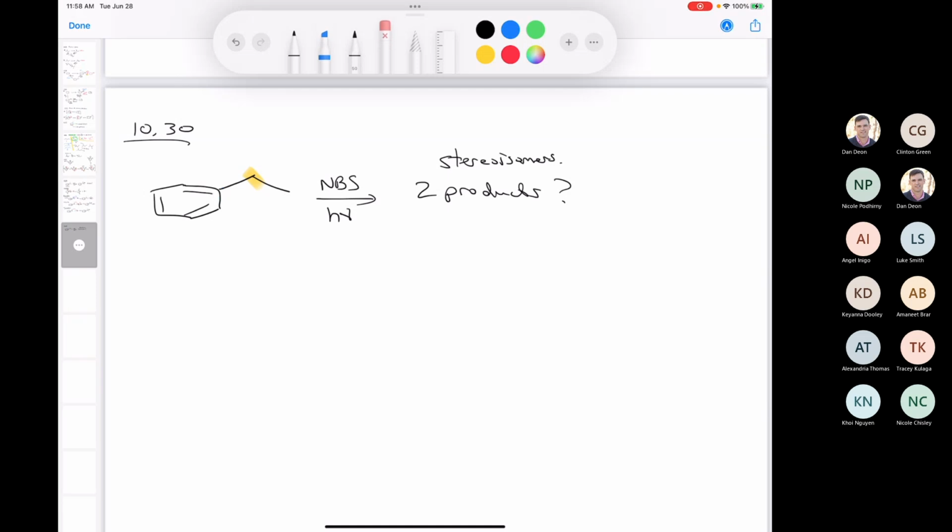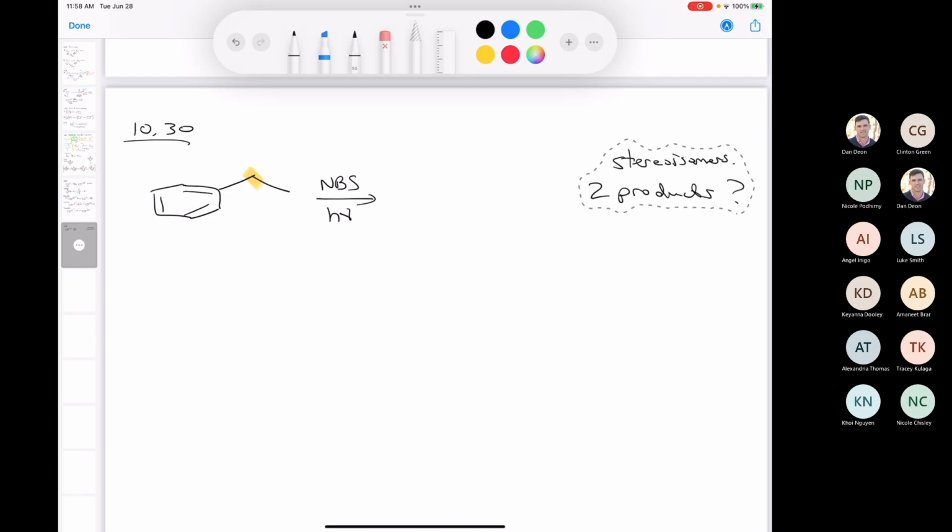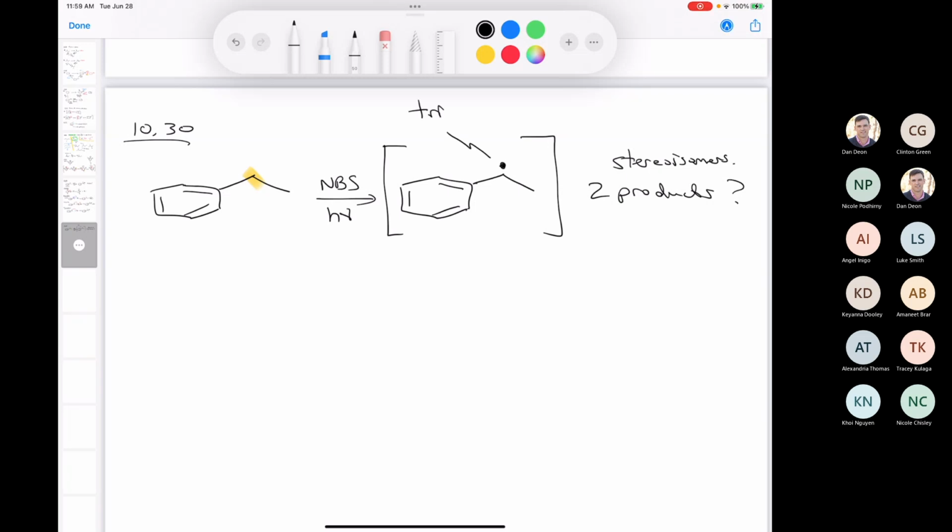So we're going to produce this intermediate. Let me just move this out of the way. So we're going to make this intermediate, this benzylic radical, which is resonance stabilized. But remember that this carbon is treated as if it's trigonal planar.